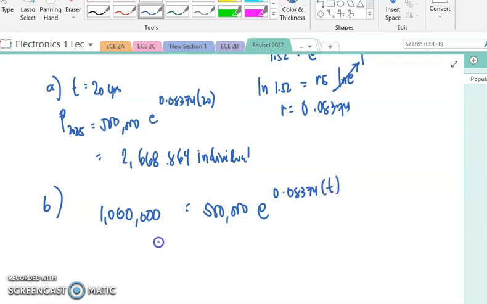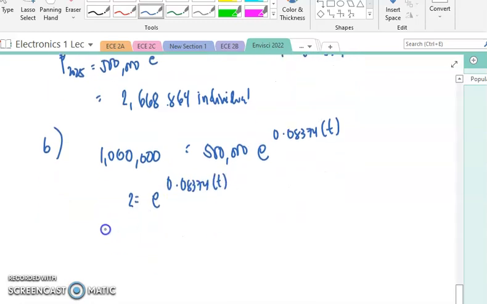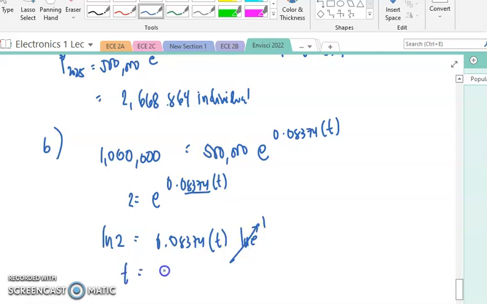So 1 million divided by 500,000 is simply equal to 2, equal to e raised to 0.08374 times t. In order to get the value of t, we perform ln. This will bring down 0.08374 times t ln of e, which is simply equal to 1. Okay, so the value of time is simply equal to 8.3 years.